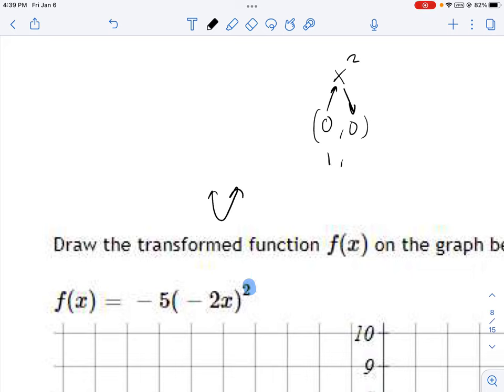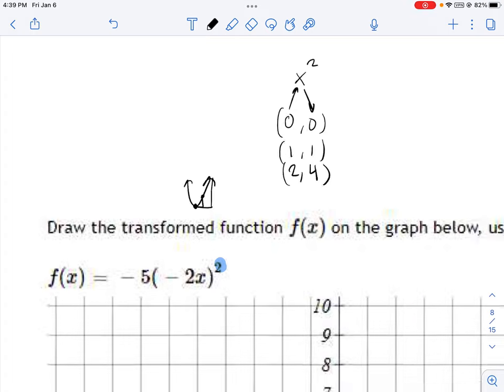Your next point is at 1, 1. Plug in 1, 1 squared is 1. 1 comes back out. You plug in 2, 2 squared is 4. So essentially what your graph does, it starts at 0, 0, then it goes over 1, up 1, and over 2, up 4. And that is your pattern for quadratics.